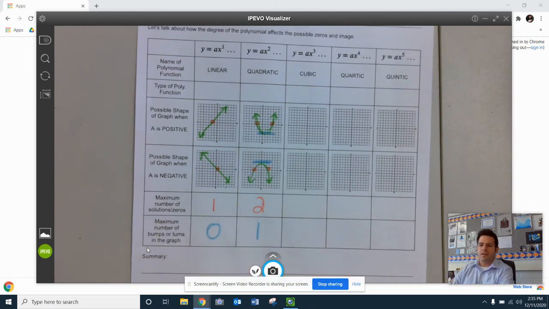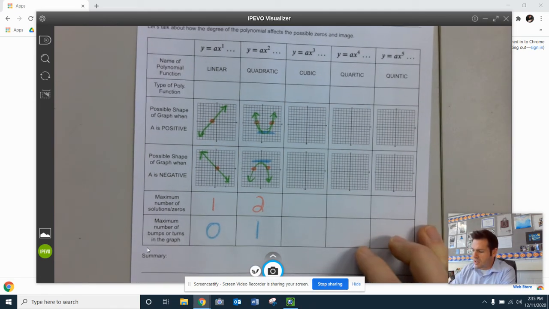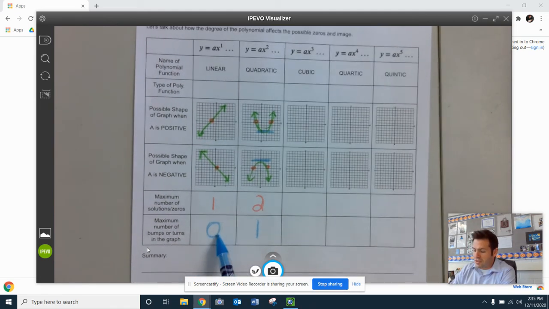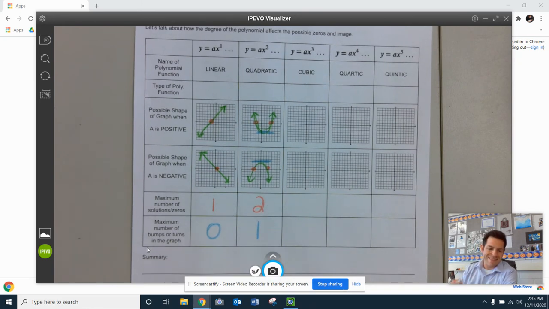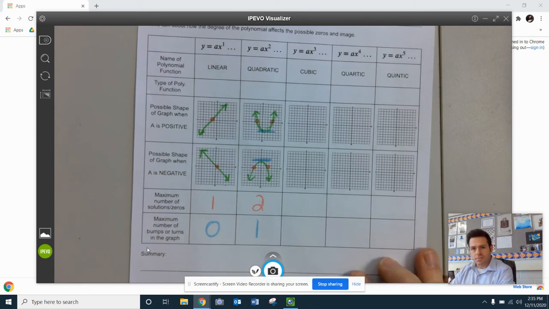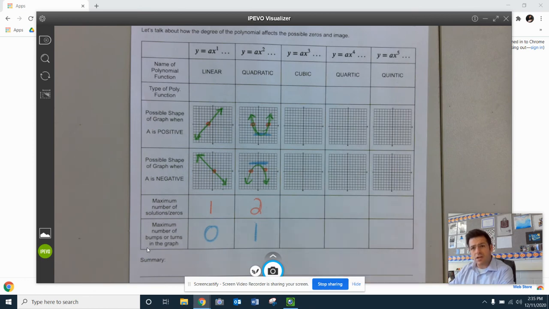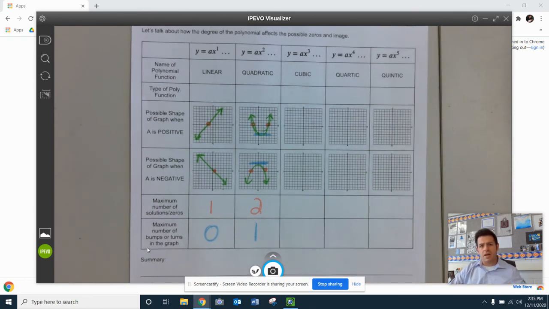Now, just taking a look at the 2 examples that we're used to, the number of solutions is 1 greater than the amount of bumps. And that pattern will continue on as we go through cubic and quartic and quintic, and so on and so forth.